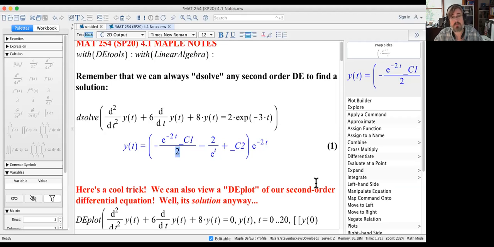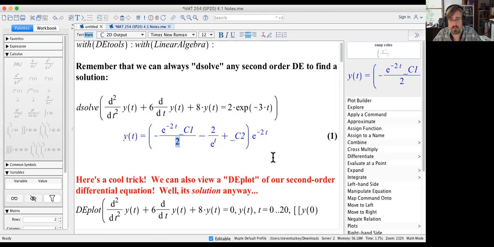So Maple actually uses the integrating factor method, and I have a little Maple worksheet that explains how that solution comes to be. I'm going to post that so you can take a look at it later on. But this works out. This really is the same solution as what we found. So Maple's capable of doing that.